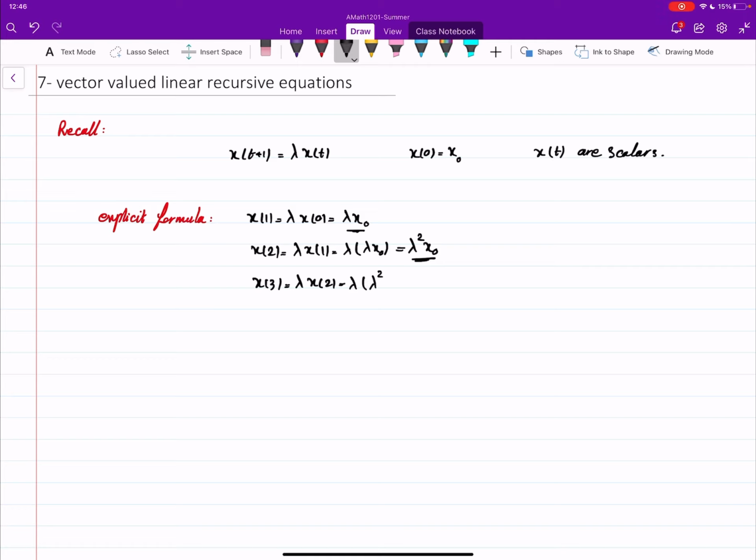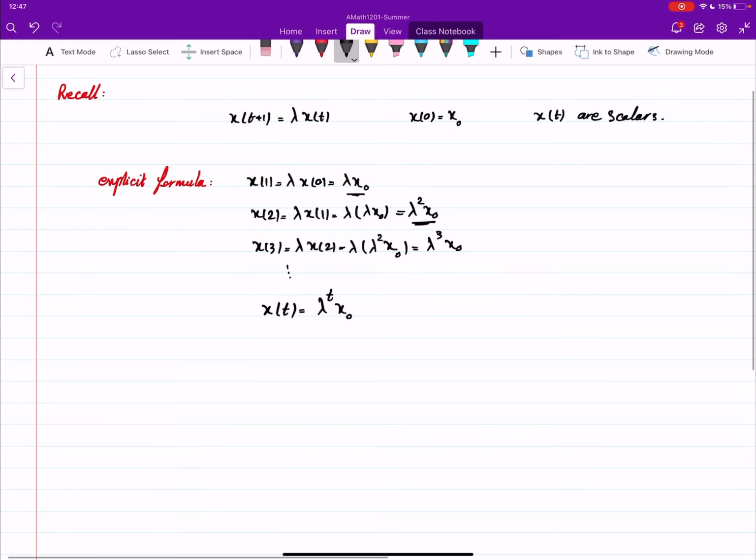So we have lambda times lambda squared x0, and you multiply, you get lambda to the power 3 x0. And if you repeat this pattern, you notice that in general, x at t is going to be lambda to the power t times x0. Well, this is something that we worked on a lot at the beginning of this course.